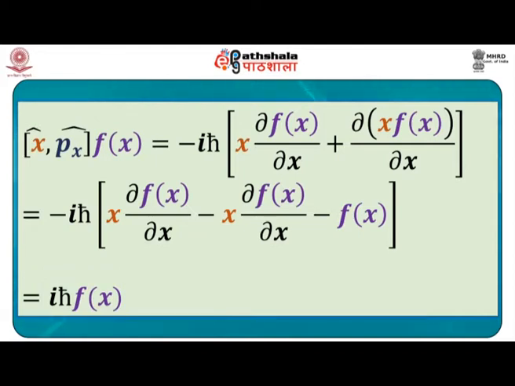So, this means that the position operator x and px, the linear momentum operator in the x direction, do not commute. That means the position and momentum of the system under consideration in the same direction cannot be determined simultaneously with precision.